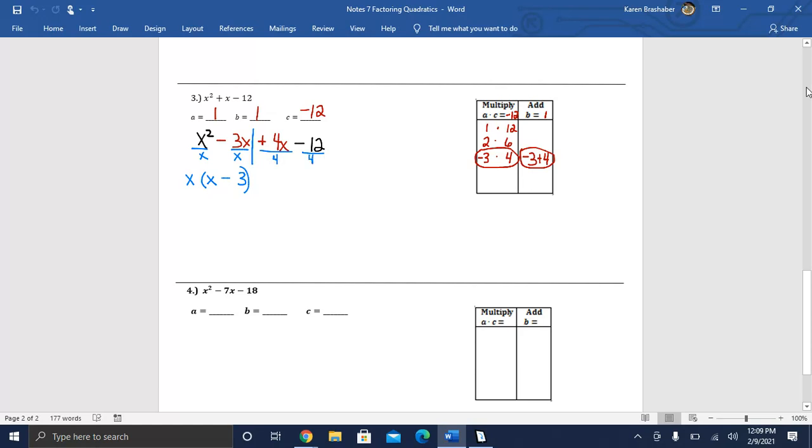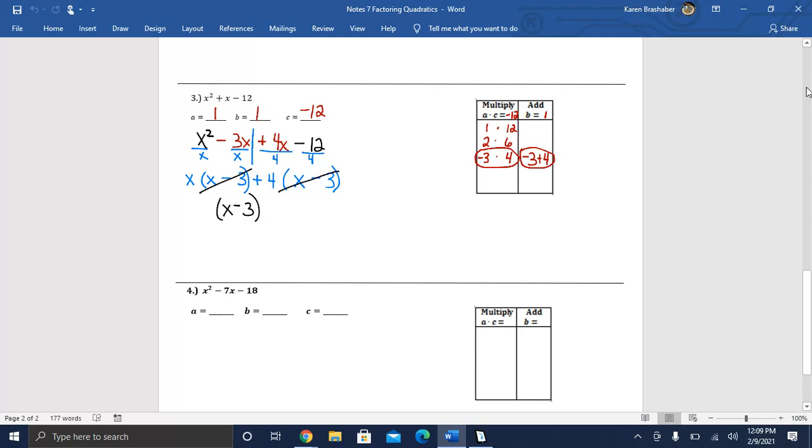And our third term is positive, so we will divide by a positive. We'll divide by positive 4. We want to be sure we put a plus sign for the 4. Start your parentheses. The 4s are going to cancel. We'll have our x, and then negative 12 divided by 4 will be negative 3. And so our x minus 3 is that common parentheses.